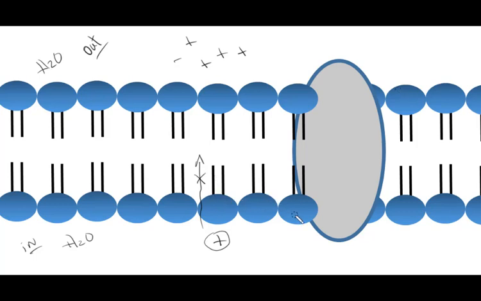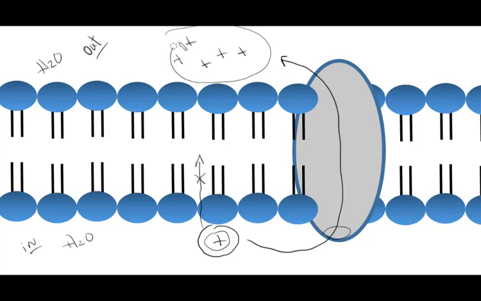Now let's say that this single ion that I have here, let's say that I open up a hole in this molecule here, and I want this single ion to go and join the others. Remember that there are more ions right here on the outside than there are inside. So let's say that this molecule opens up, and I want to transport this ion to the outside.